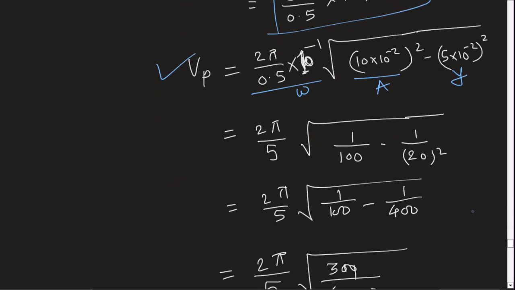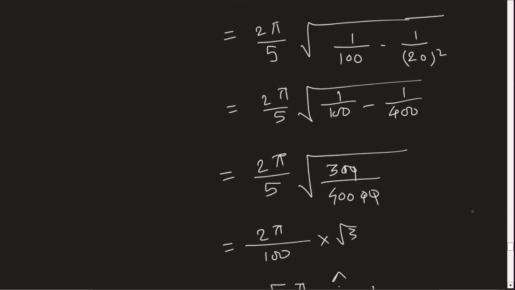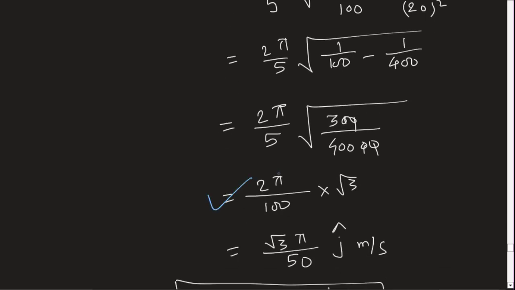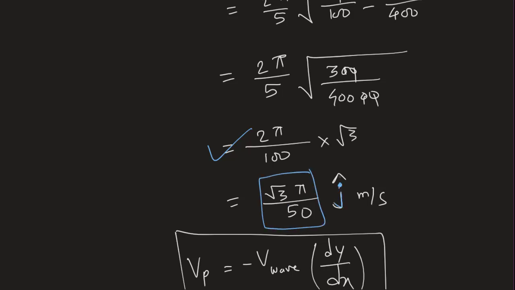So after solving this, what we get is 2 pi divided by 100 into under root of 3, which comes out to be root 3 pi divided by 50, and here j cap meter per second. Velocity is in this y direction. Okay, velocity of the particle, because particle is doing SHM along y direction.